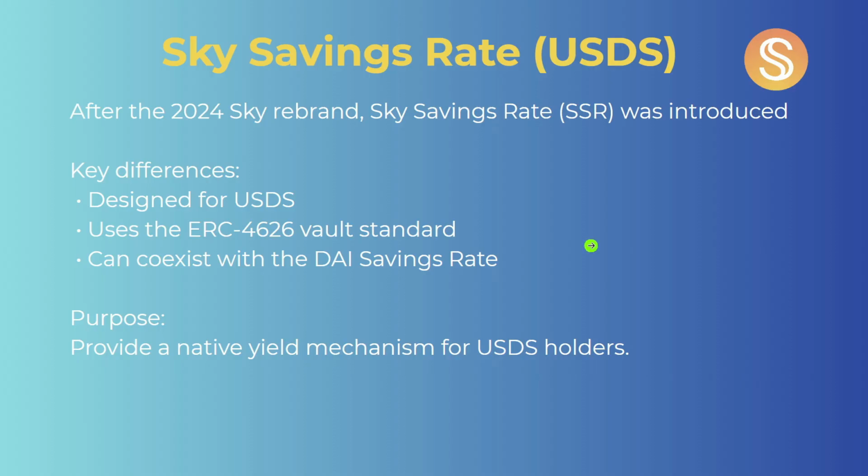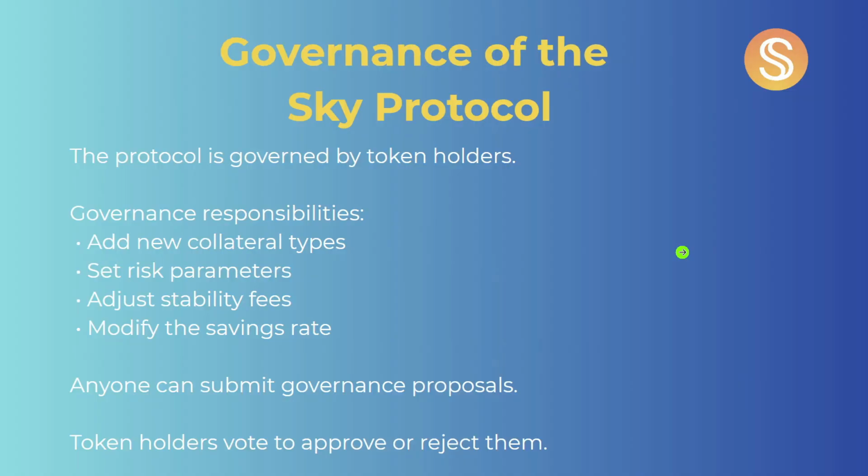The key difference is that this was designed for USDS, using the ERC-4626 vault standard, and it can coexist with the DAI savings rate. So basically it is the same thing as before, but designed for USDS, and the principle is the same. In fact, the purpose is to provide a native yield mechanism for USDS holders.